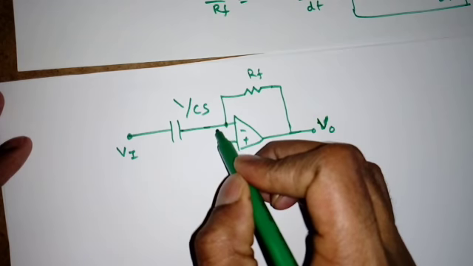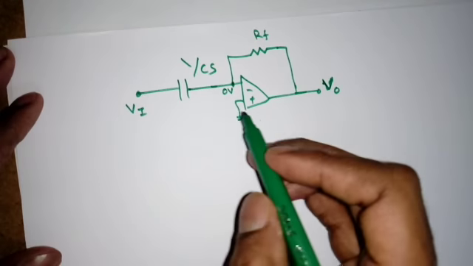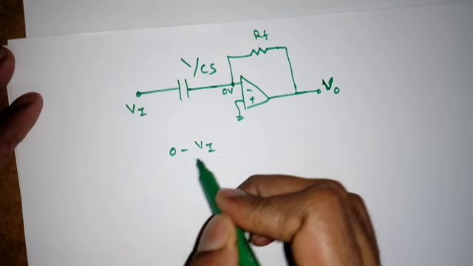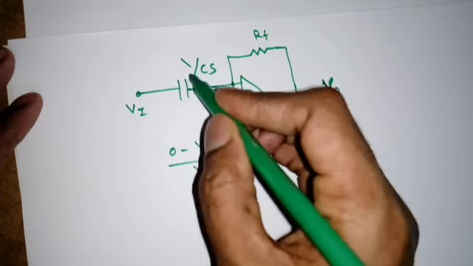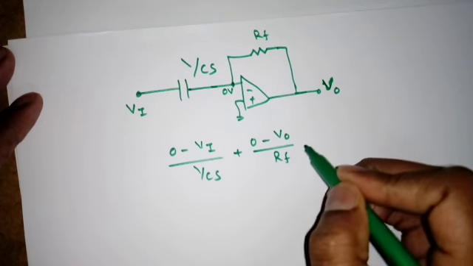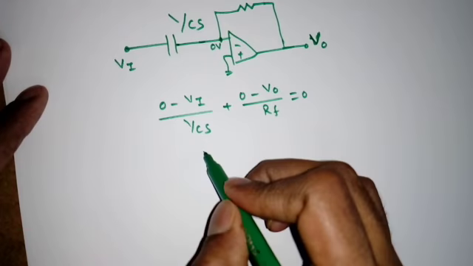Again by the virtual ground concept this will become 0. Now we can directly apply nodal analysis. So 0 minus Vi by 1 by Cs, because now it is an impedance, plus 0 minus V0 by RF is equal to 0.